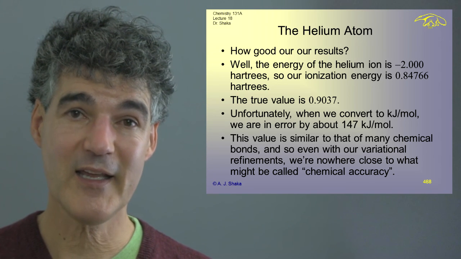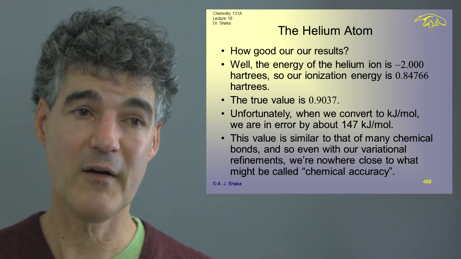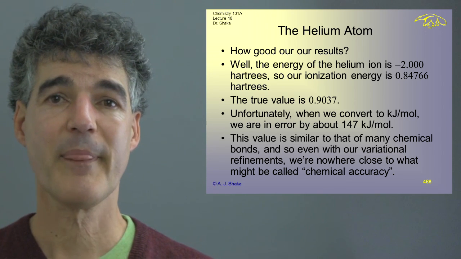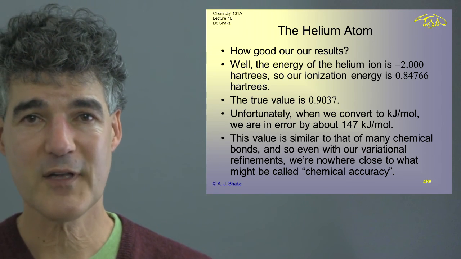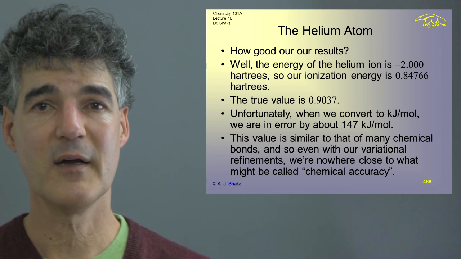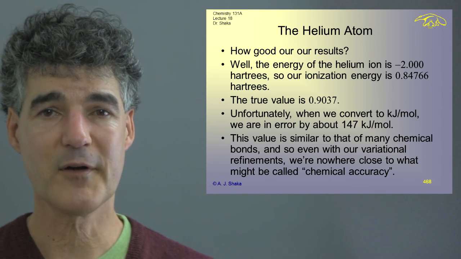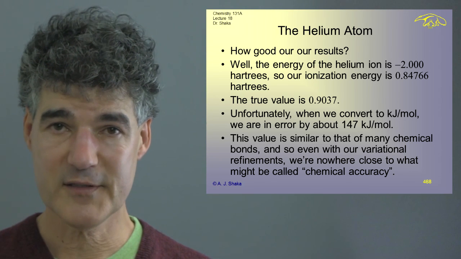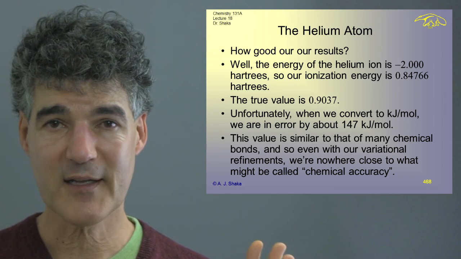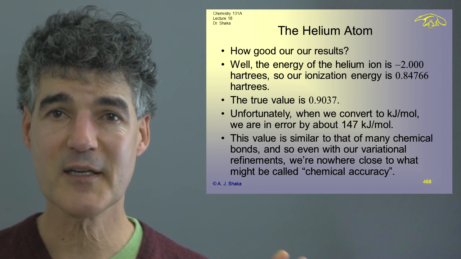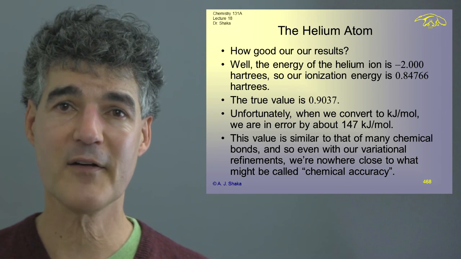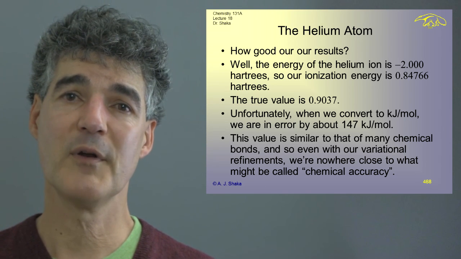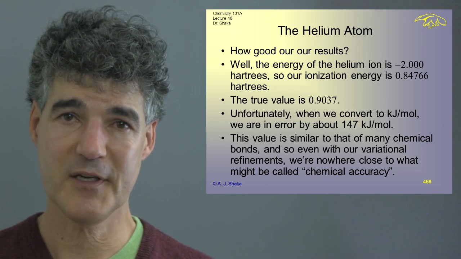That's not a tiny error, that's a huge error. And so we're nowhere close, even doing this variational calculation, inserting this parameter zeta, doing all this work, doing all these integrals, taking the derivative, setting it to 0, optimizing it, putting it in, hold your breath, calculate it, and we're still nowhere close to what we would call chemical accuracy.